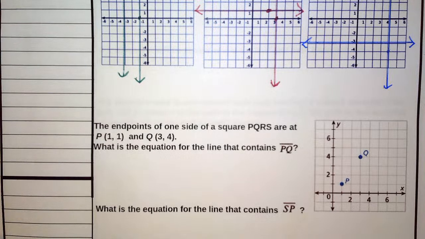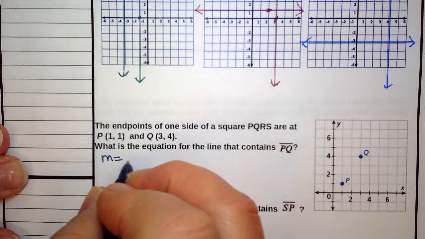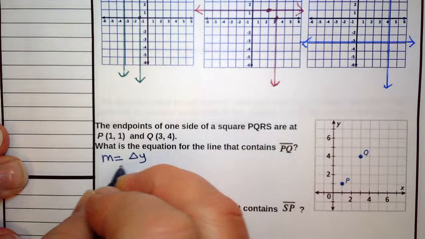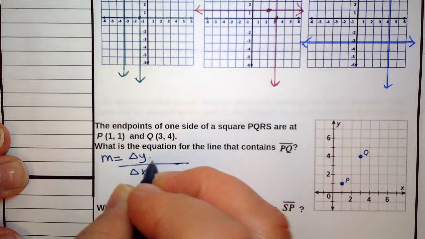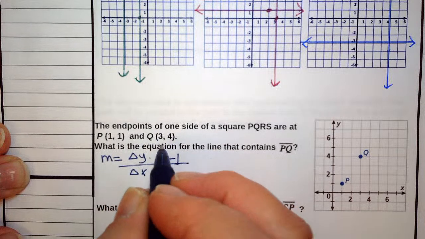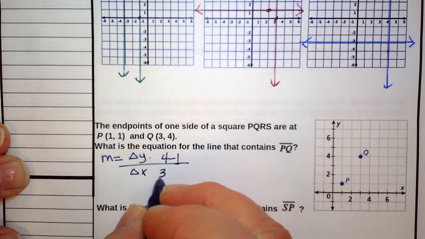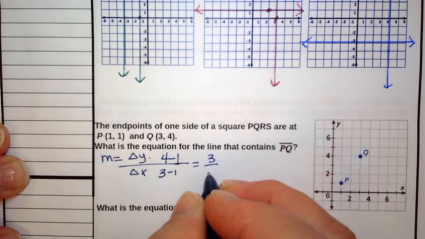Okay, step 1, find your slope. It's the change in y over the change in x. This would be 4 minus 1 over 3 minus 1, which becomes 3 over 2.